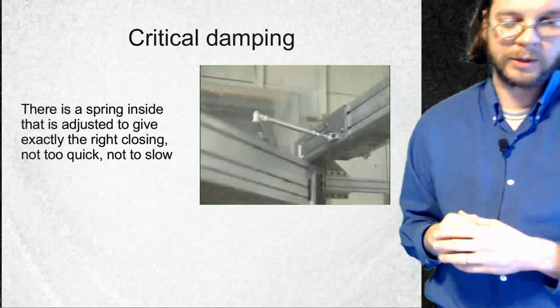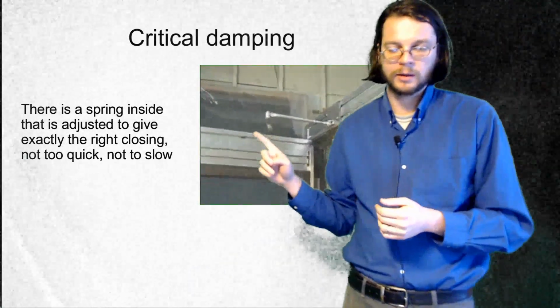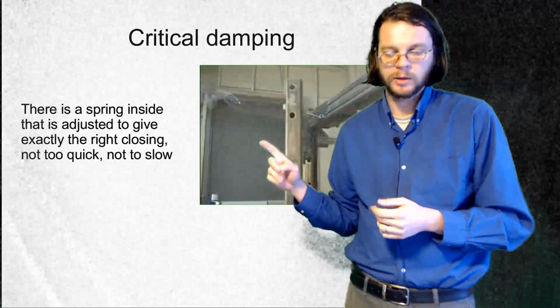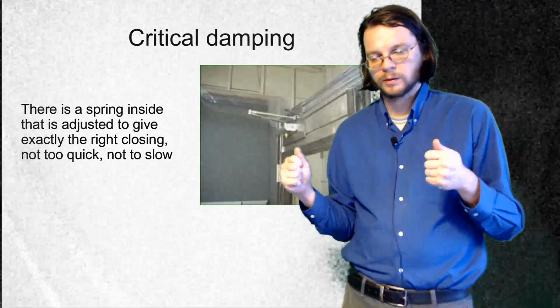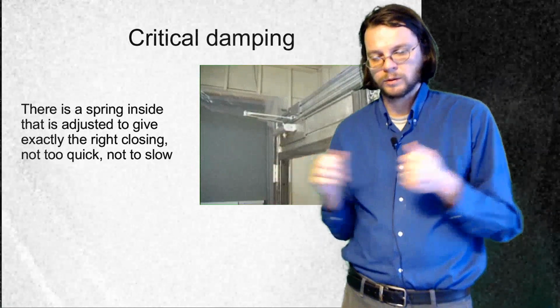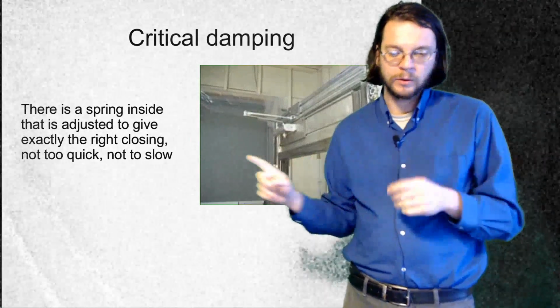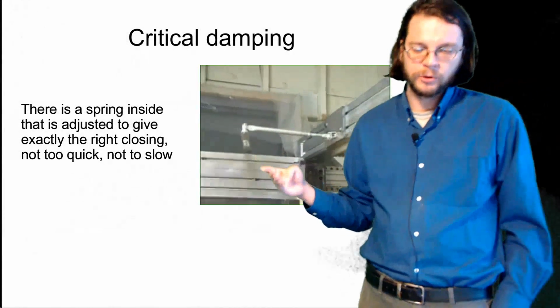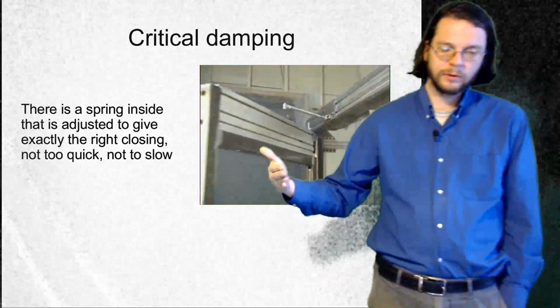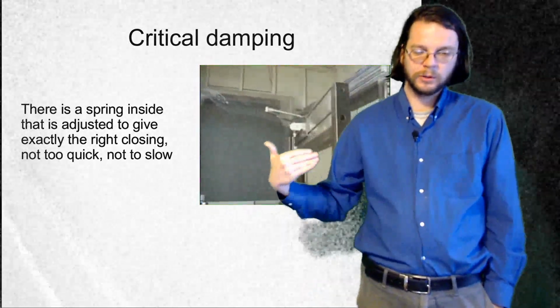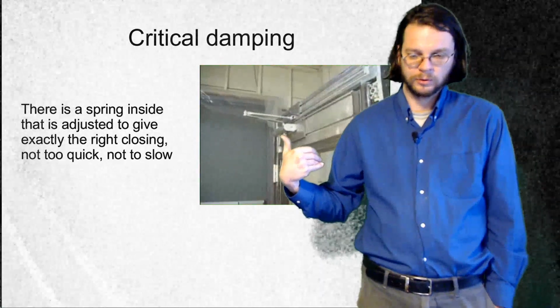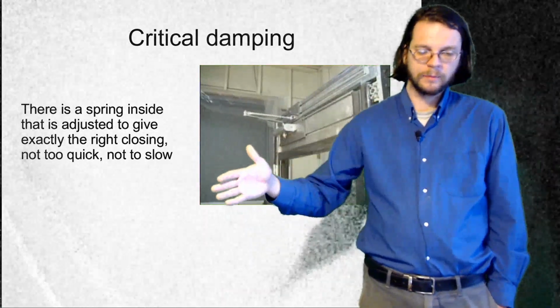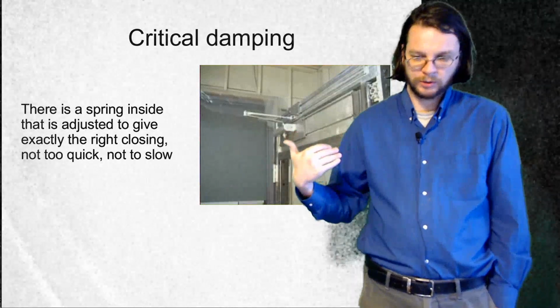Another example I can think of is it's a little bit like these doors. I know this is not like a perfect spring, one-dimensional spring situation, but when you open these doors, you want there to be some kind of force that is encouraging the door to close, but you don't want it to slam shut.